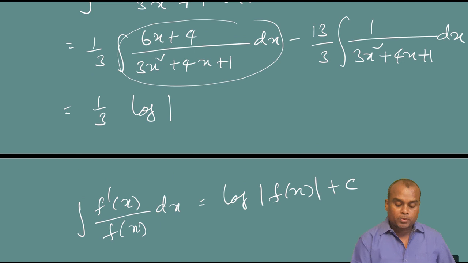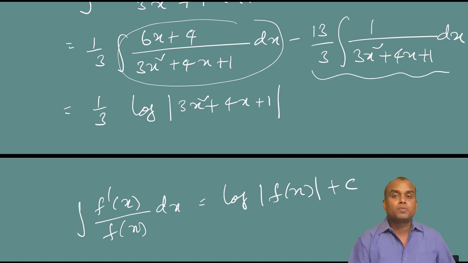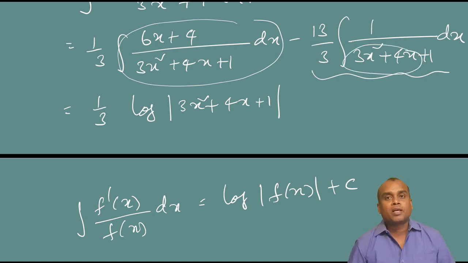I am talking about this formula. So using this formula, I can write it as log mod 3x square plus 4x plus 1, minus 13 by 3 into this part, which you know how to evaluate. We complete the square there, and then we are going to see it as 1 by x square plus a square, x square minus a square, or a square minus x square, depending on the situation. So I leave it there.